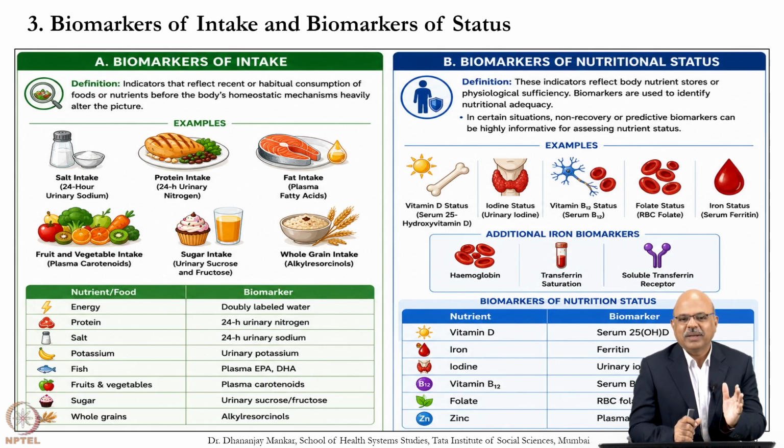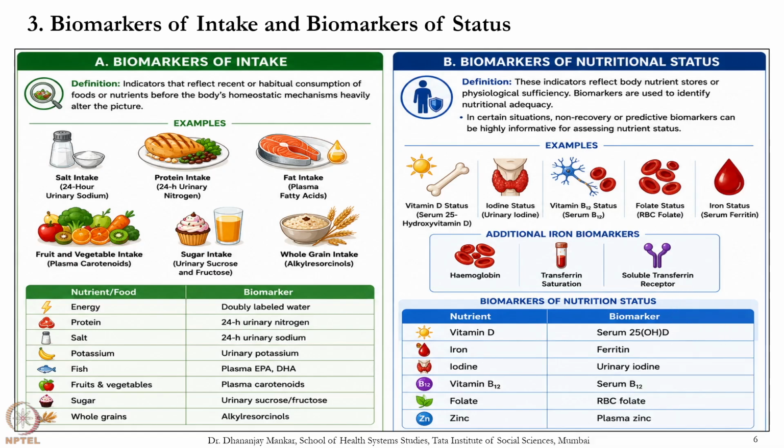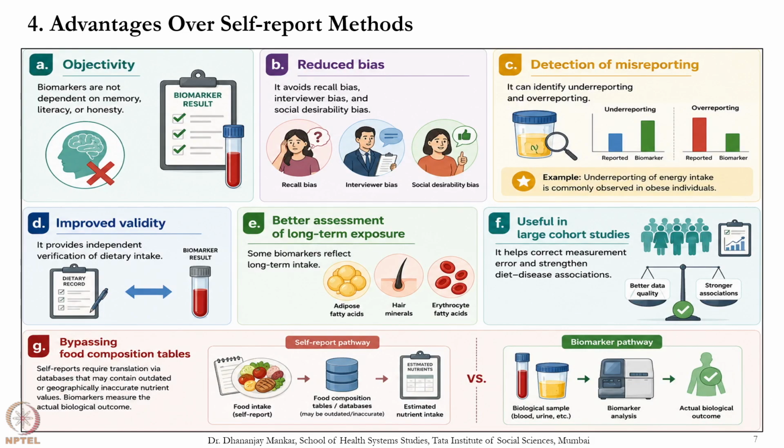Example, vitamin D status by serum 25-hydroxy vitamin D, or iodine status by urinary iodine, vitamin B status by serum B12, folate status by RBC folate, or iron status by serum ferritin. Additional biomarkers like hemoglobin, transferrin, soluble transferrin receptors. So these are listed to show how biomarkers of nutrition status are important.